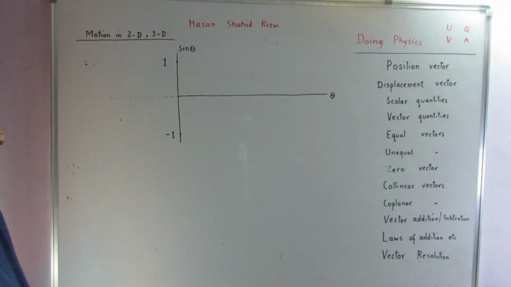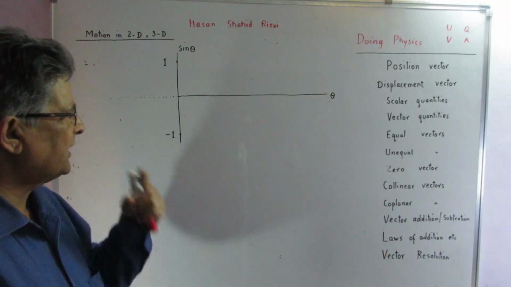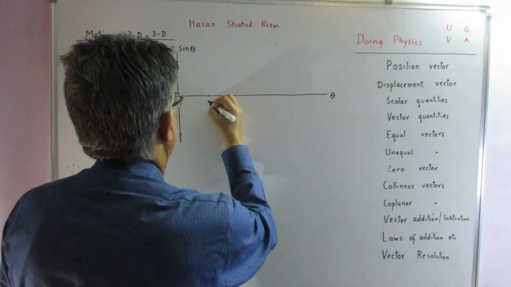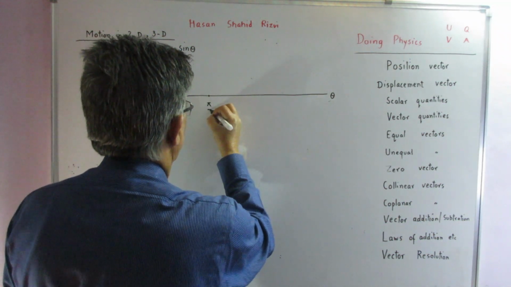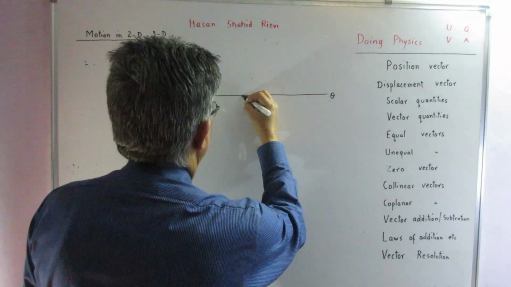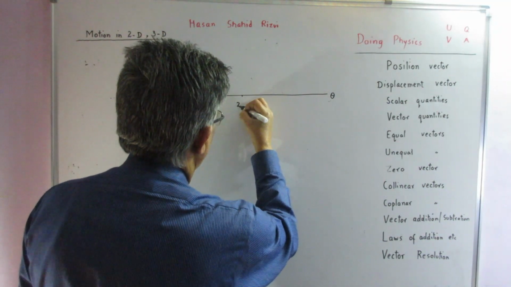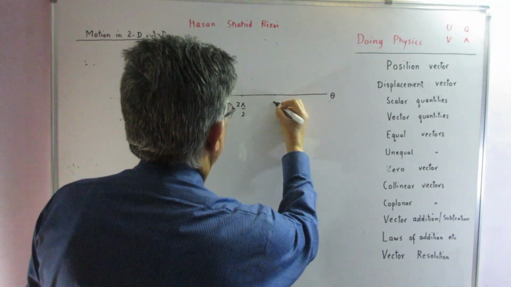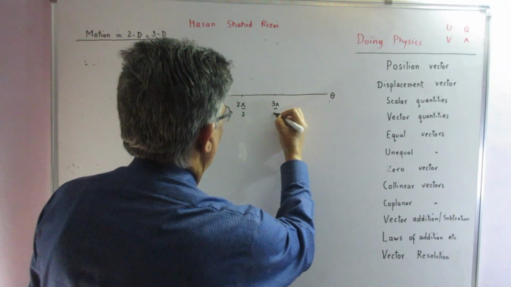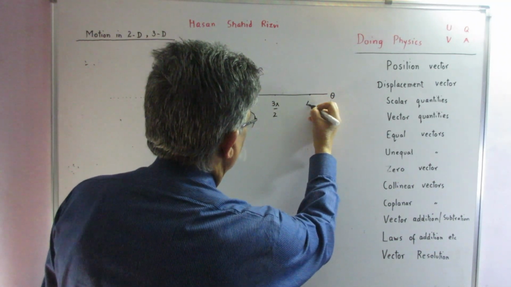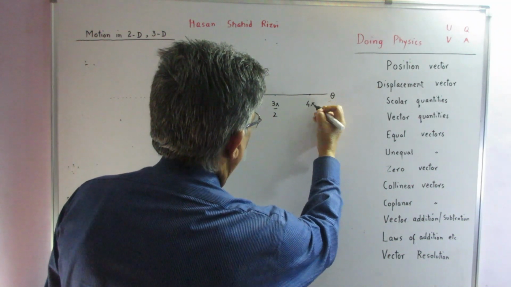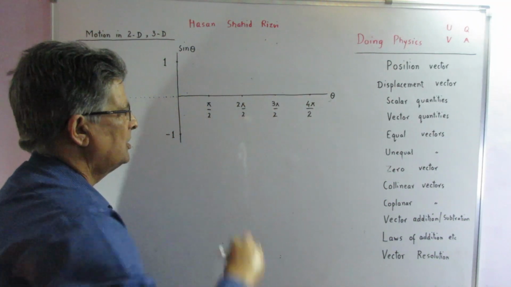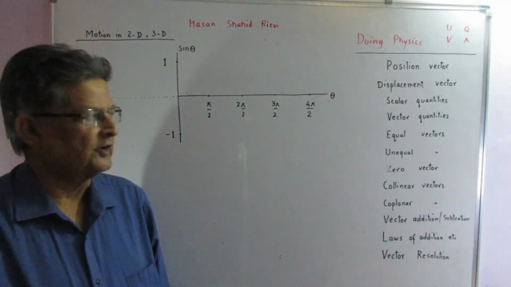Similarly for cos theta. If theta is taken on this axis in terms of, say, pi by 2, I prefer to write it not as pi but as 2 pi by 2, because pi by 2 is the unit, then 3 pi by 2, 4 pi by 2, which is just equal to 2 pi, and that means the circle has come around to the same point under consideration.